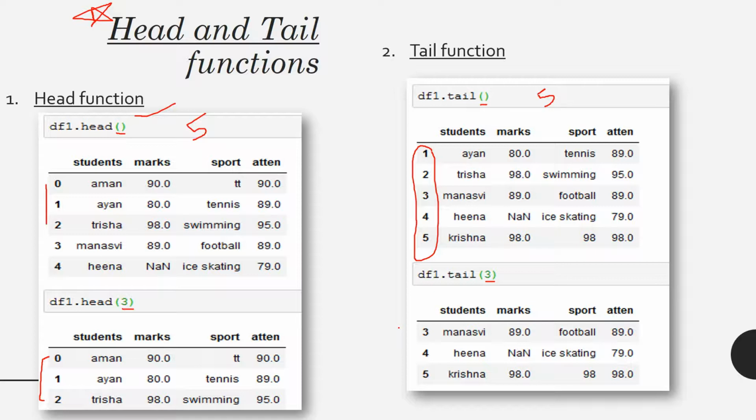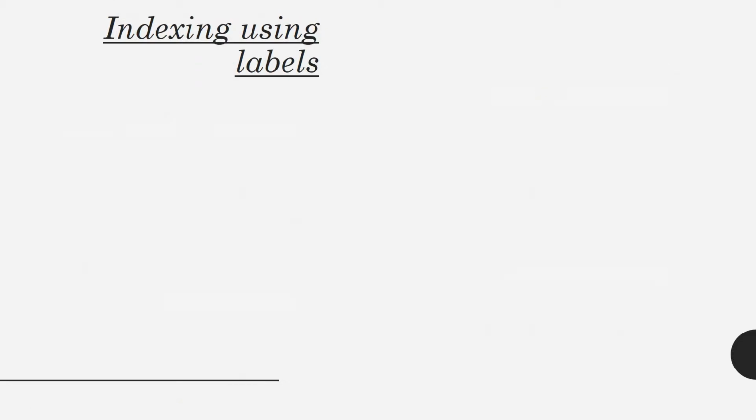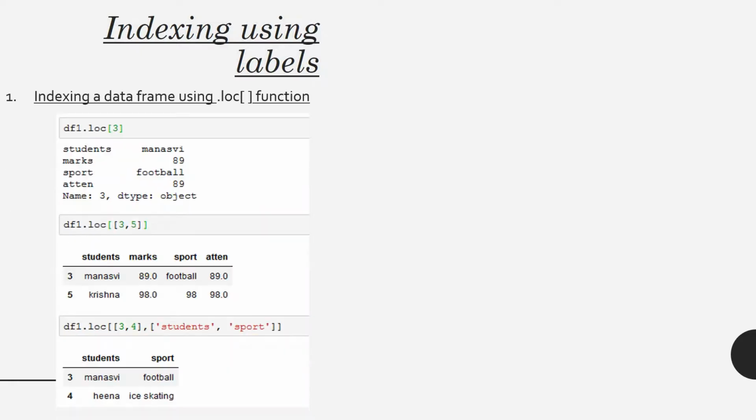Now moving on towards our next function, which is indexing using the labels. I think all of you know what a label is. It is a row label or the row indexing. First one, we have the function .loc. We have already worked on this function. It's a location one. Now if we are having only square brackets, that means it is the index operator.